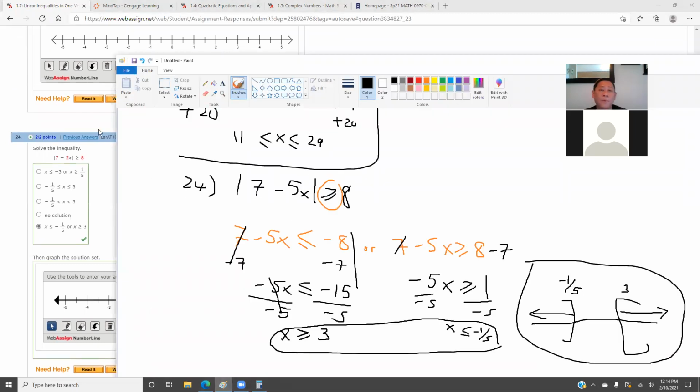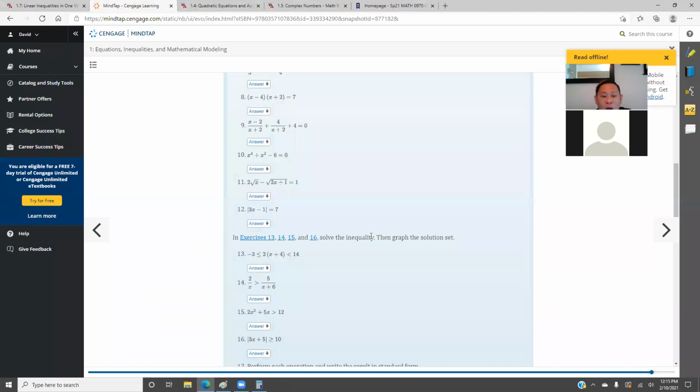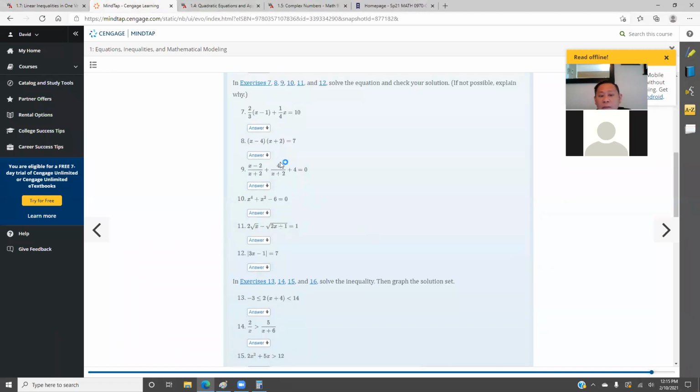Yep. So this is the 1.7 homework. When you come back for the review session today, we will be going over some questions like how you solve equations like number 7, number 8, number 9, and number 12, solving equations.